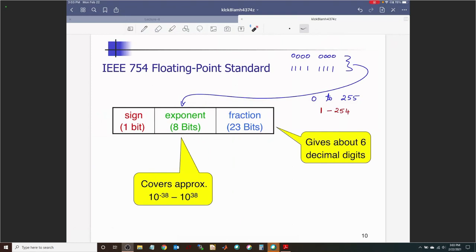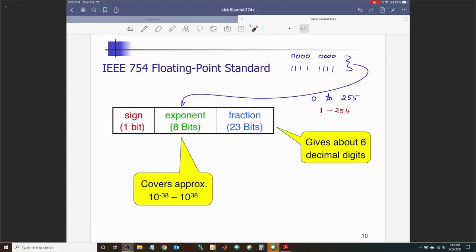We are going to have 0 and infinity and not a number using some other special entries in the 32-bit format. So that's the reason why I'm not including 0 and infinity in this case. I have 1 all the way to 254.